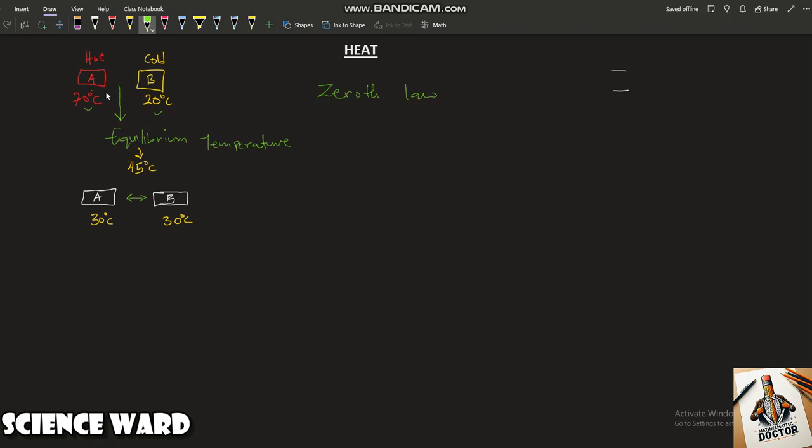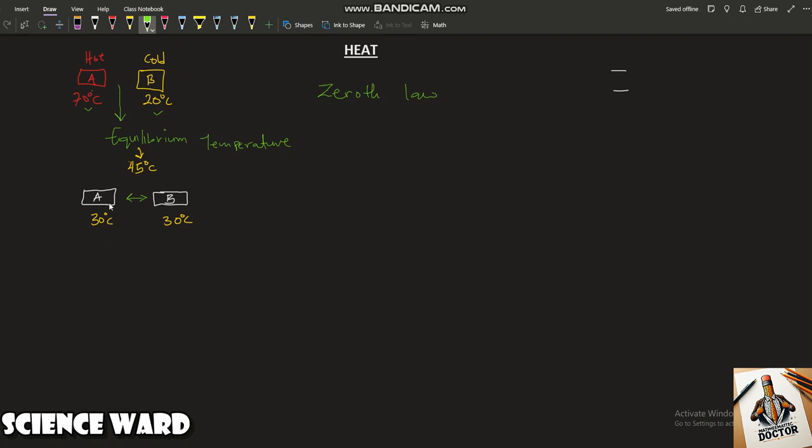Since the temperatures are not at equilibrium, the heat will continue to flow until the equilibrium temperature is obtained. But if the two temperatures are already in equilibrium, there will not be heat flow between A and B. So we refer to this as the zeroth law of thermodynamics.